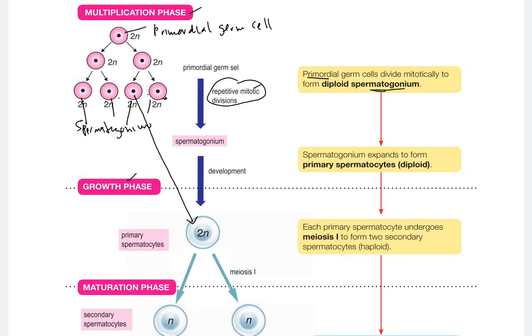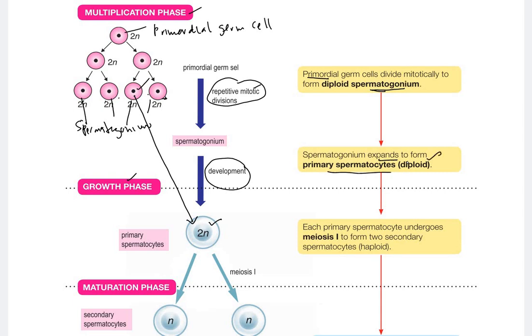One spermatogonium here will develop into one primary spermatocyte. That's why this one is 2n, this one also 2n. Okay, no changes, no dividing, just develop only. So the chromosome number is still the same. Spermatogonium is 2n, primary spermatocyte is also 2n because it just develops only. Okay, diploid, just expands to form primary spermatocytes.